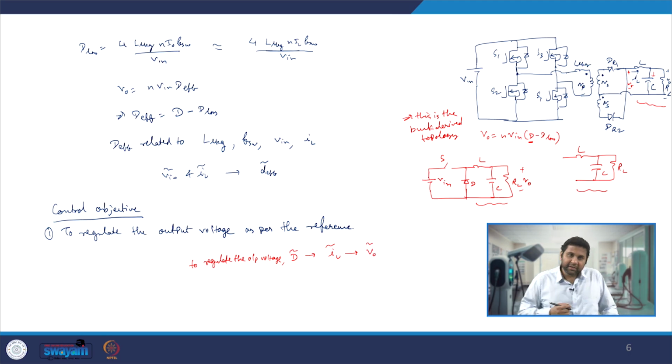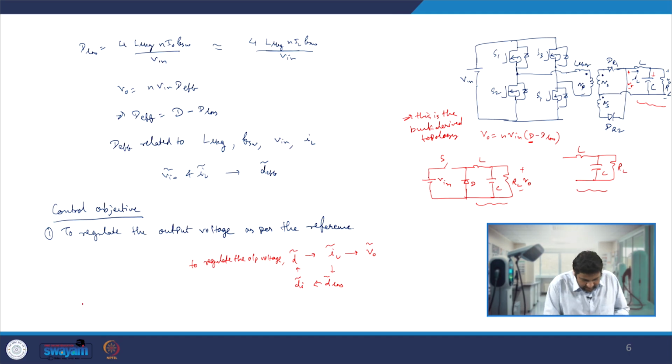And if we see very carefully, the moment my IL changes, my D loss will also change. Let me say in the small signal manner, if there is a change in the duty ratio, my D loss will change, and since there is a D loss change, there is some effective change due to the current change in the IL, which actually gets added up over here.